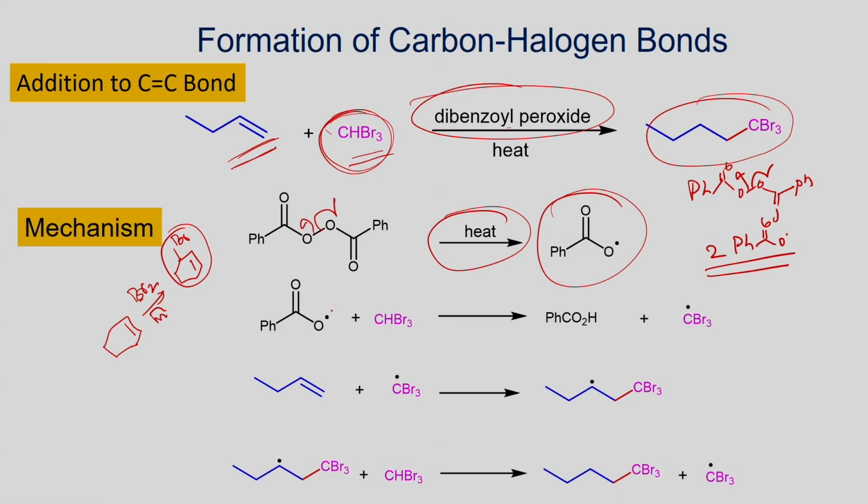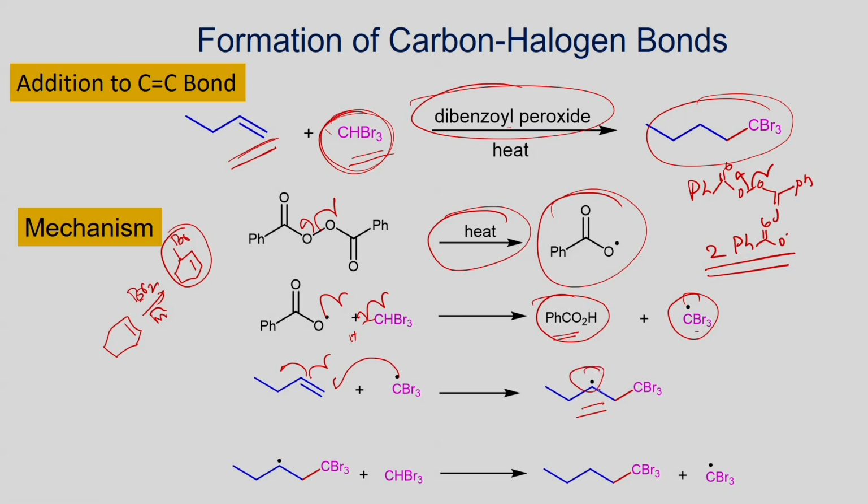Once you form this radical, it can abstract this hydrogen, and you will be able to form benzoic acid in this case, and you generate this radical. This radical can undergo an addition reaction with the alkene, and you will be able to get the secondary radical.